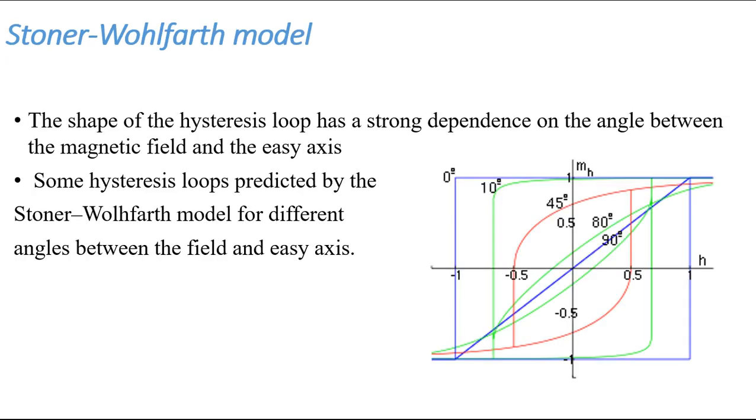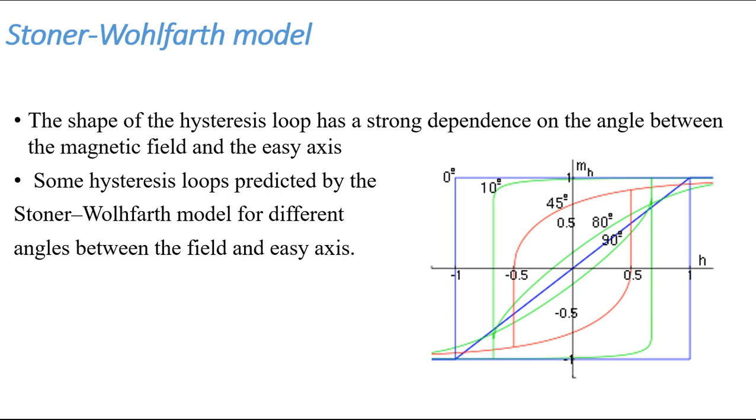And in the Stoner-Wohlfarth model, the shape of the hysteresis loop has a strong dependence on the angle between the magnetic field and the z-axis.